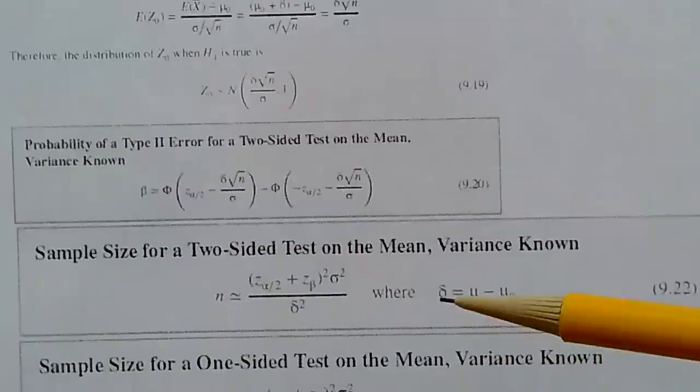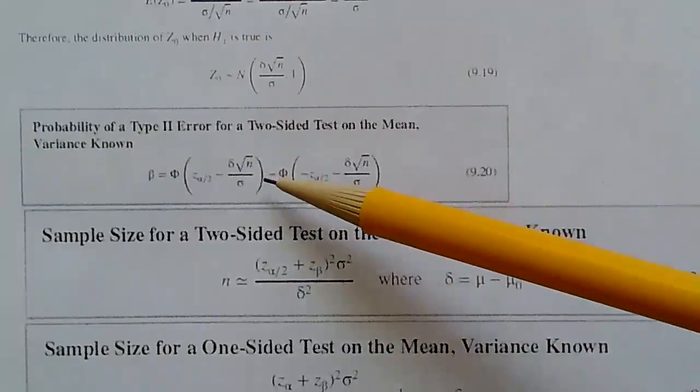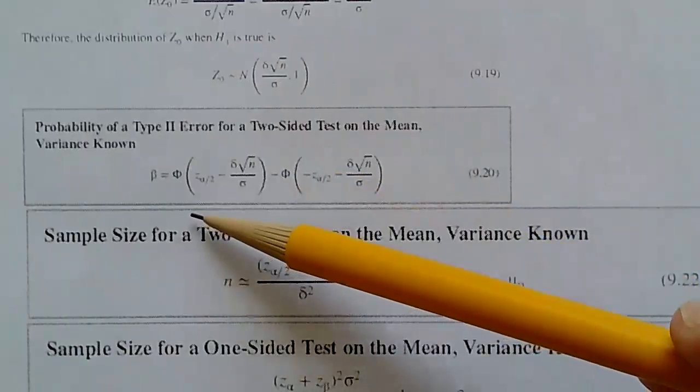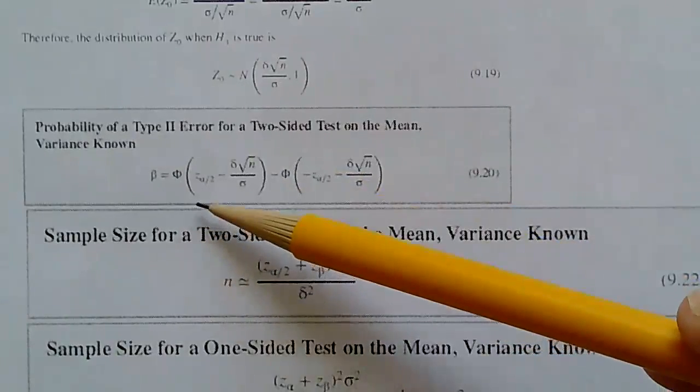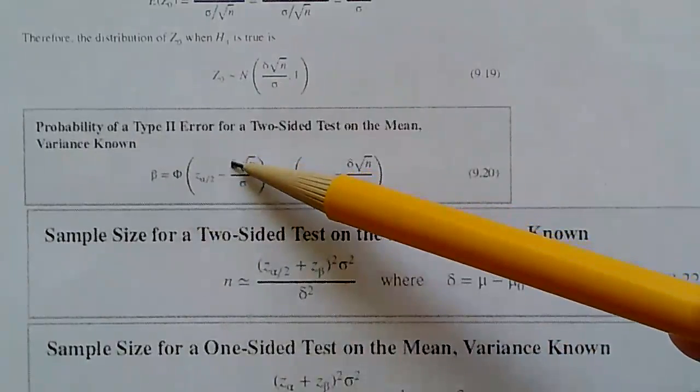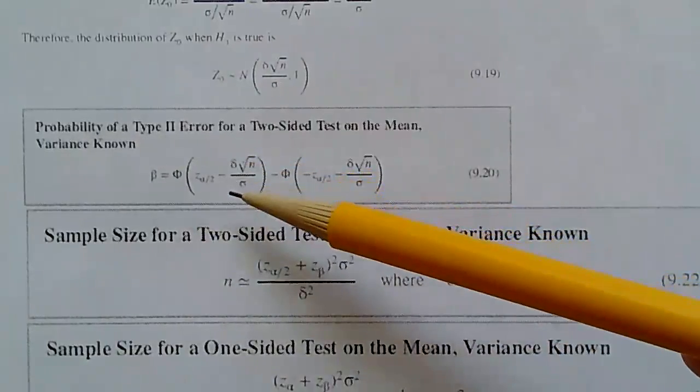And so these examples that you see here are the same thing that we saw for the power test previously in the chapter, but this time we're looking at the difference between the mean that they think we're supposed to have and the mean that we desire.